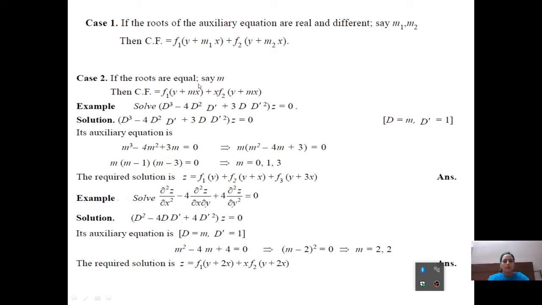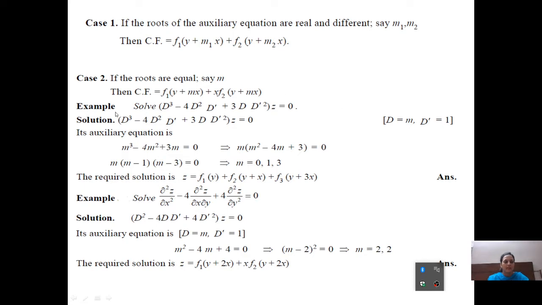And if the roots are equal, say m, then the complementary function is written as f1(y plus mx) plus x f2(y plus mx). Suppose two equal roots are there, according to that this solution has been written.